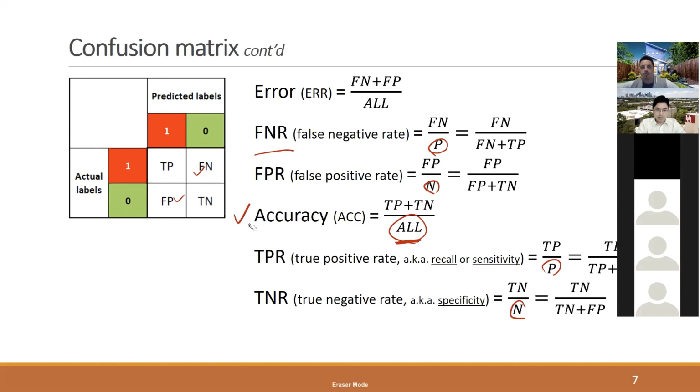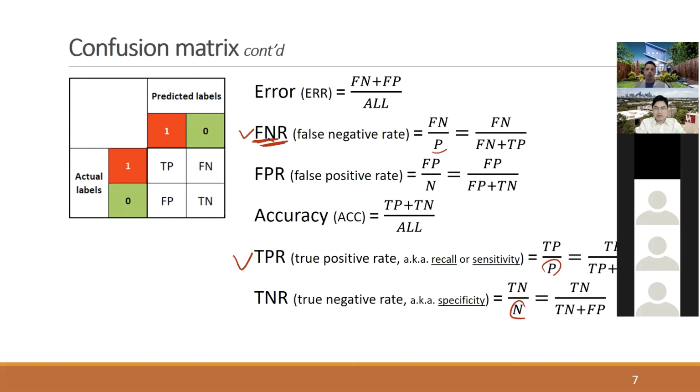And let's look at the others. So let's look at the false negative rate, and then also look at the true positive rate. False negative rate. It's talking about false negative, but out of what? Out of all the negative cases? No, it's actually out of all the positive cases.